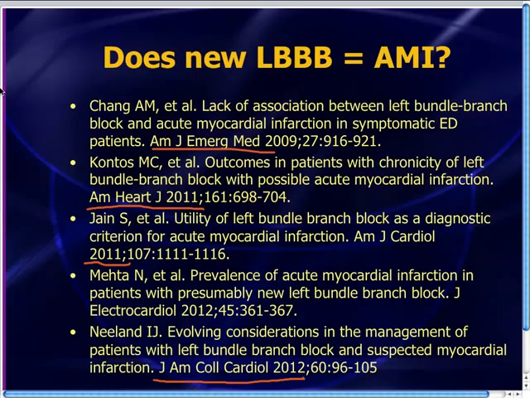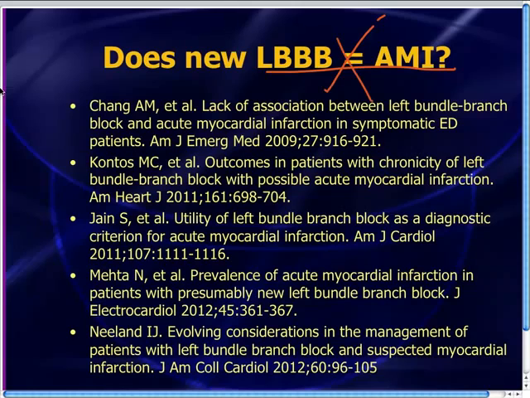This is a really nice review article published in the main journal of the cardiologists, the most high-profile cardiology journal in the world, Journal of the American College of Cardiology. A very nice review article that talks about left bundle branch block pattern, where the original thought that left bundle equals MI came from, some of the new data that now says that this is probably not true, and it also talks about a few other things.